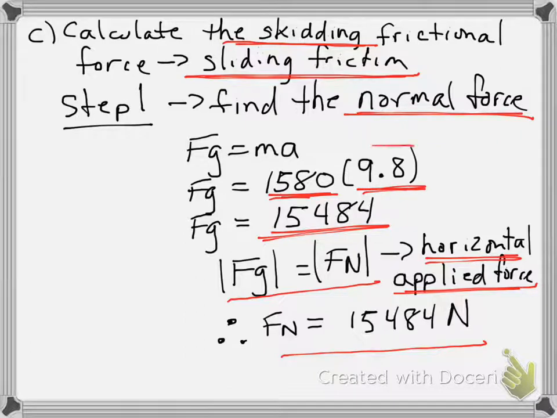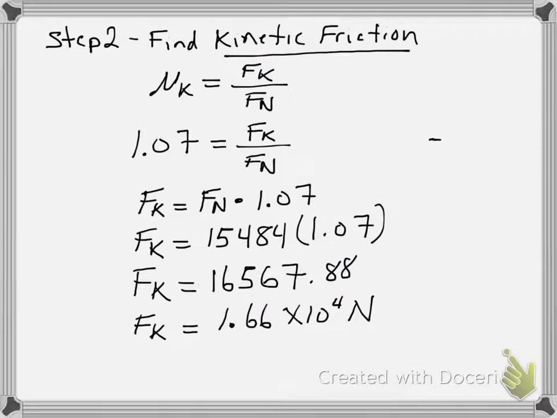Again, that's dictated by the mass and the acceleration due to gravity. Once we have that, we can then calculate our kinetic friction using our frictional coefficient. This is from the textbook. This number comes from rubber on asphalt.